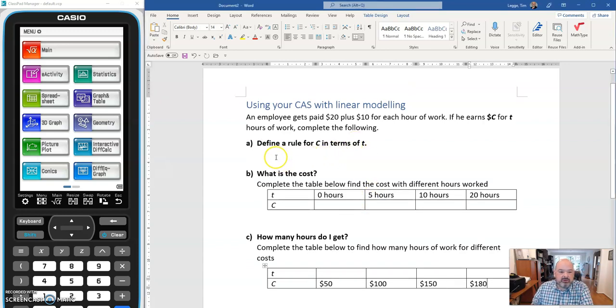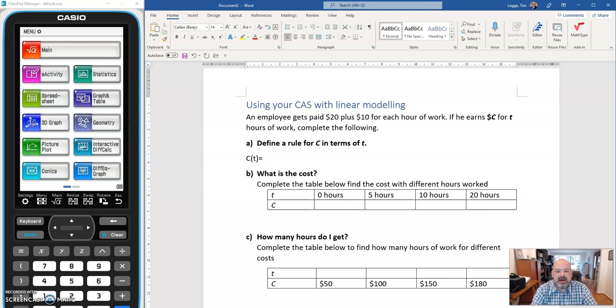So we're going to define a rule for what the cost is in terms of T. We write C in terms of T, and we're going to say equals, so he gets paid $20 just for turning up.